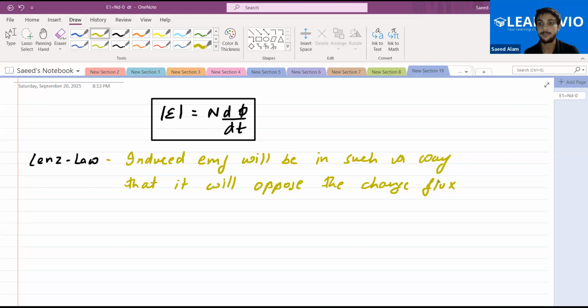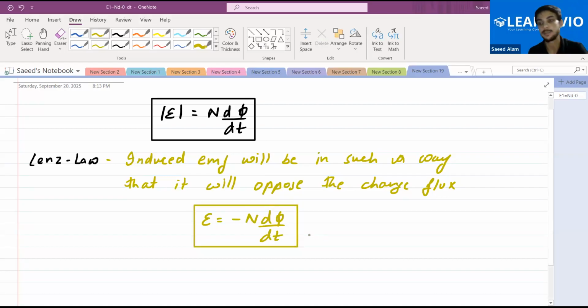And if we go to the extreme ends, then we have to face it. So the EMF we get is minus n times d phi by dt. This is the complete expression of the EMF.